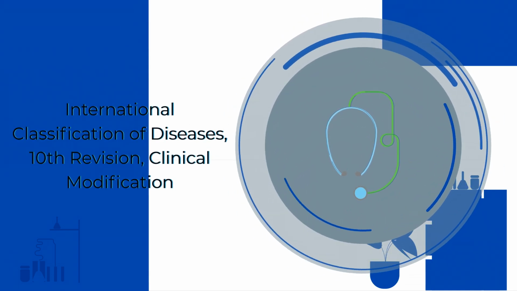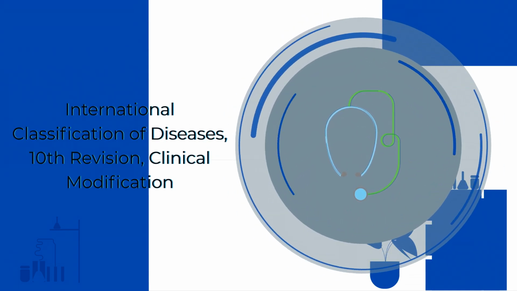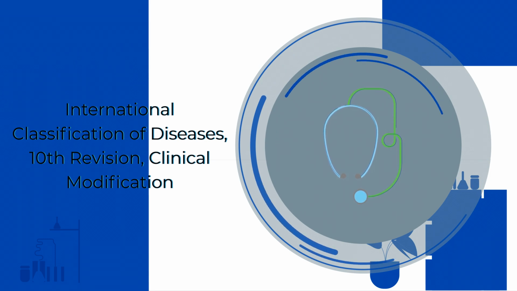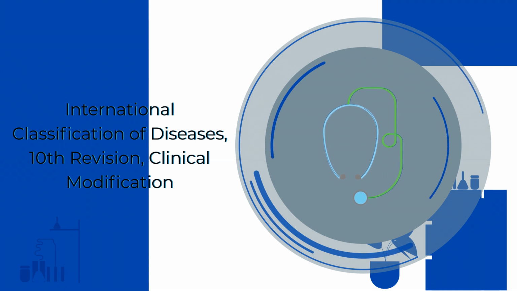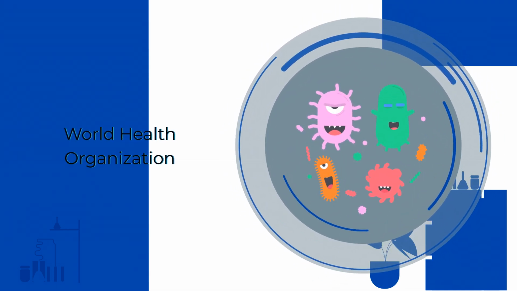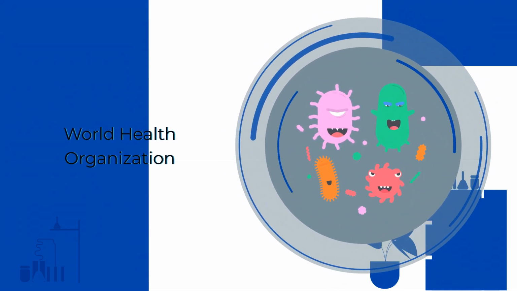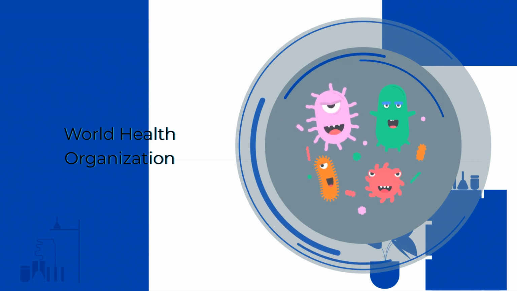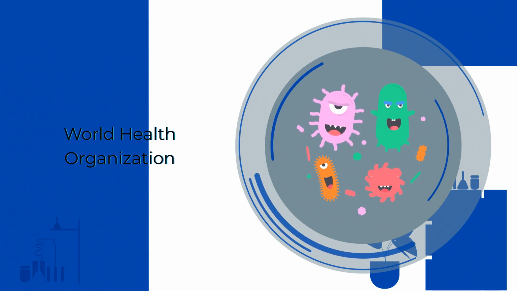Section 4. ICD-10-CM Diagnoses. ICD-10-CM stands for the International Classification of Diseases, 10th Revision, Clinical Modification. It's used to describe why a service was provided, that is, the patient's diagnosis. This system is maintained by the World Health Organization and includes codes for everything from common infections to rare diseases, injuries, and even social determinants of health.